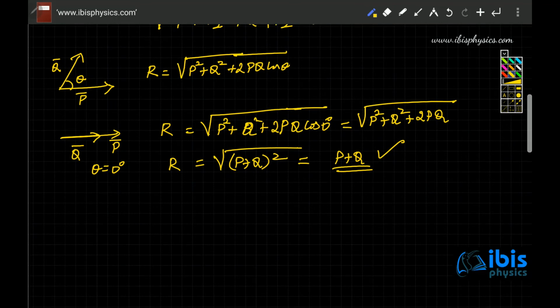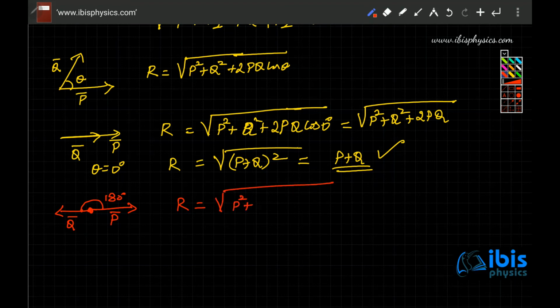Then what if two vectors act in the opposite direction? Suppose p vector is in this direction, q vector is in the opposite direction, acting on an object. This is p vector, this is q vector. Then the resultant vector, because the angle between them is 180 degrees, because they are anti-parallel, is root over p square plus q square plus 2pq cos 180 degrees.